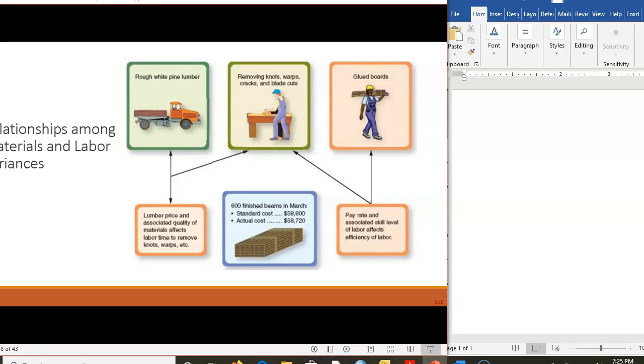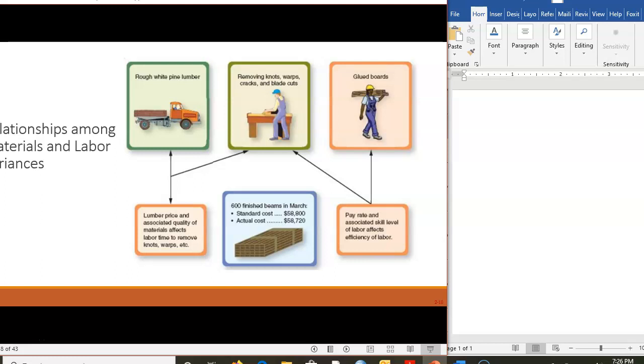As we talk about this case from our textbook, it says that the purchasing manager saved so much money on these boards that the quality was very low. We'll see that the direct materials variance was actually quite large. And because of that, we required a lot of overtime.